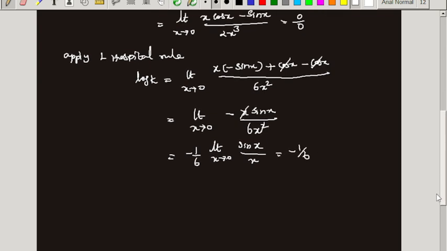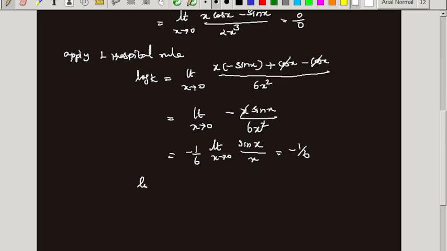So here minus 1 by 6 is nothing but log k. Log k is minus 1 by 6. K can be written as e power minus 1 by 6. So this is the answer for the question: limit x tends to 0 of (sin x by x) whole power 1 by x square.